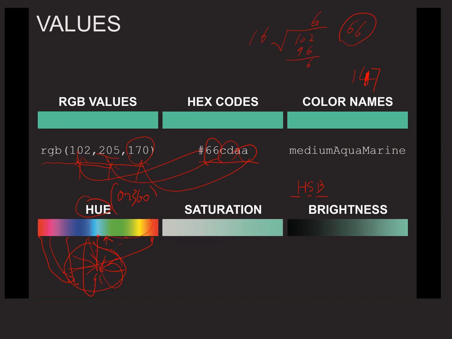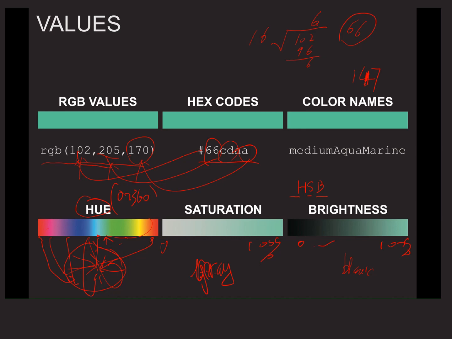Okay, you assign an angle to choose a color, and the saturation means how much gray you want to assign, from 0 to 100%. And the brightness is also the same, from 0 to 100%. So this is how much black you want to assign to the color you have selected, and this is how much gray.